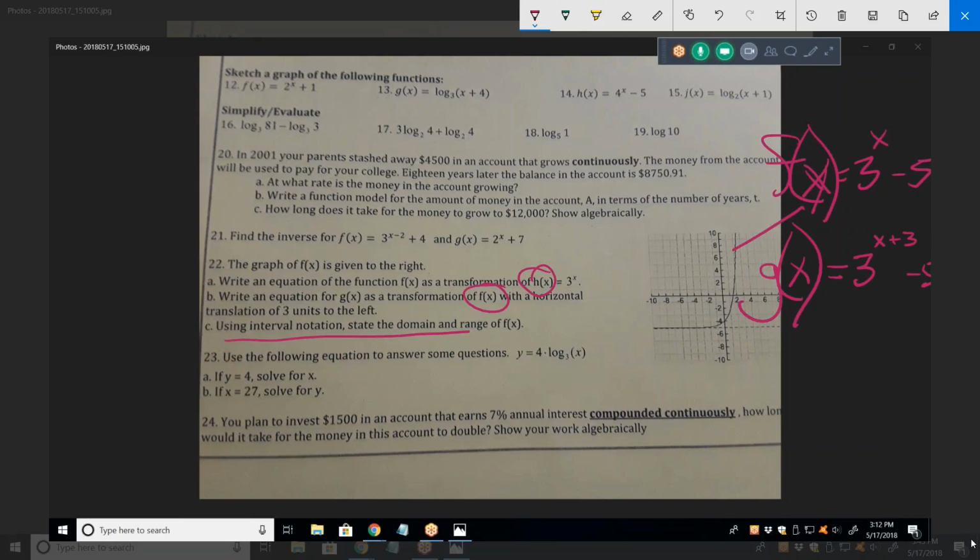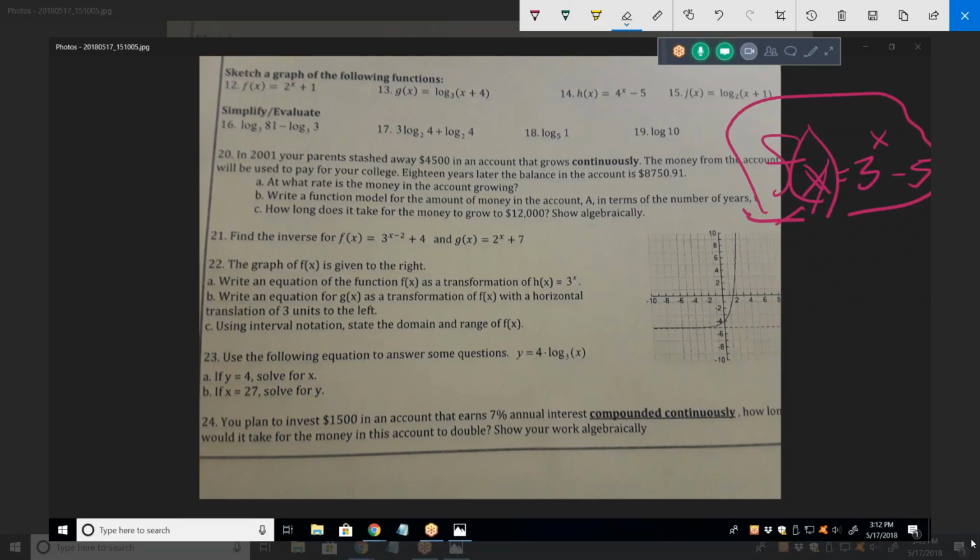Using interval notation, state the domain and range of f, which is this function here. The domain on that. So from negative infinity to infinity? Correct. In other words, there's 2 ways to do these. You can do them algebraically or you can do them graphically.